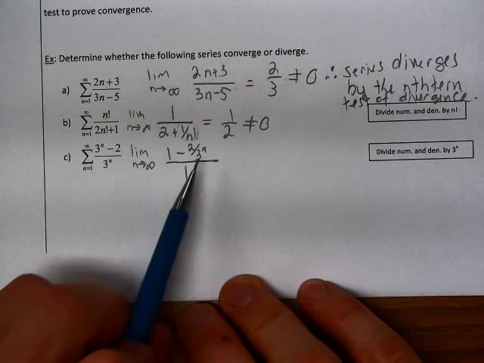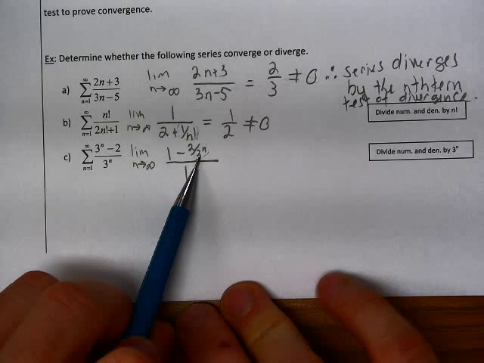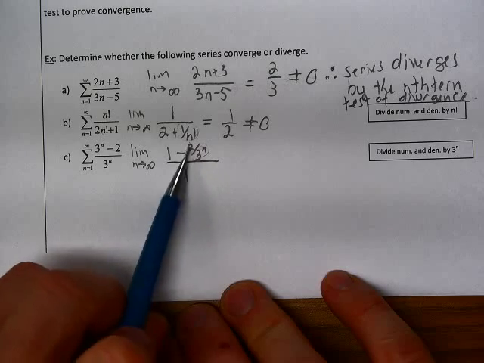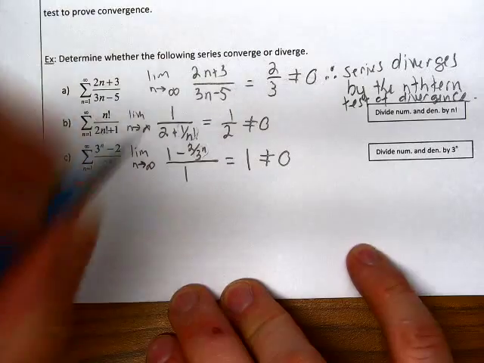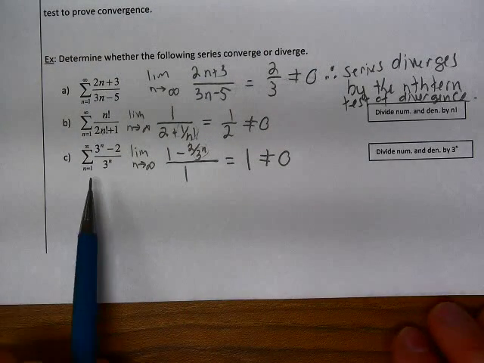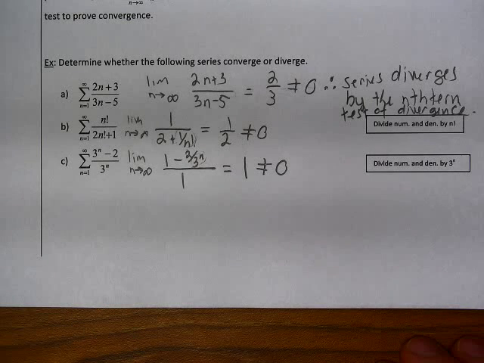And as n approaches infinity, this denominator here is going to approach infinity, so this fraction is going to approach 0. So I'm just going to be left with 1 over 1, which again does not equal 0. So again, this series diverges by the nth term test for divergence.